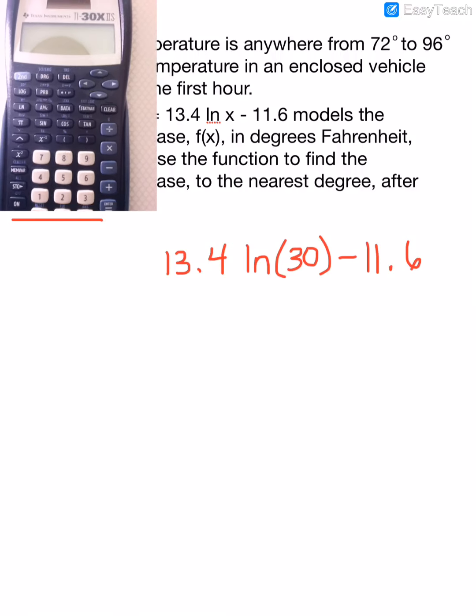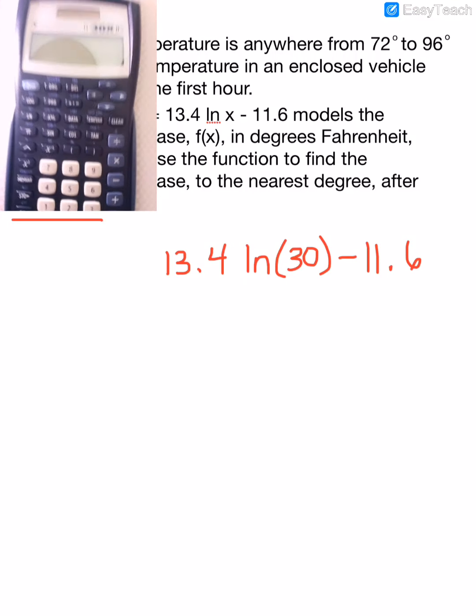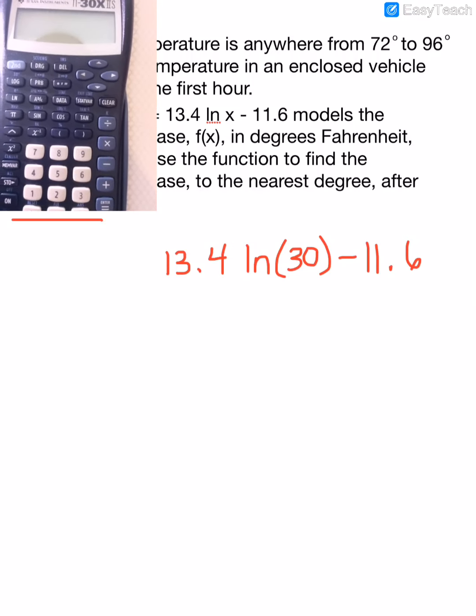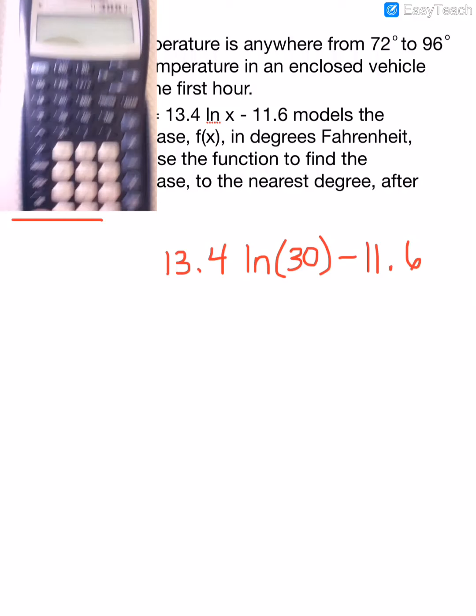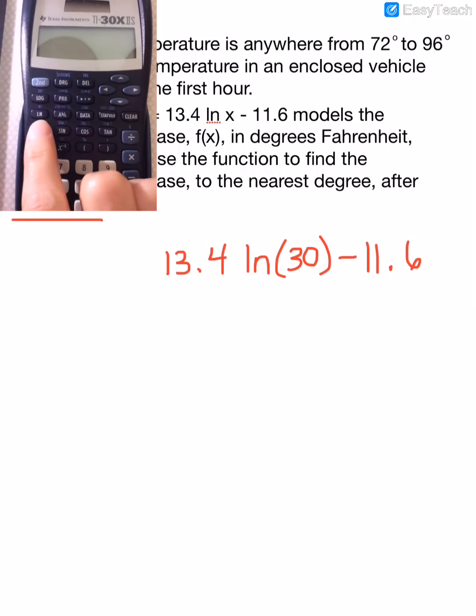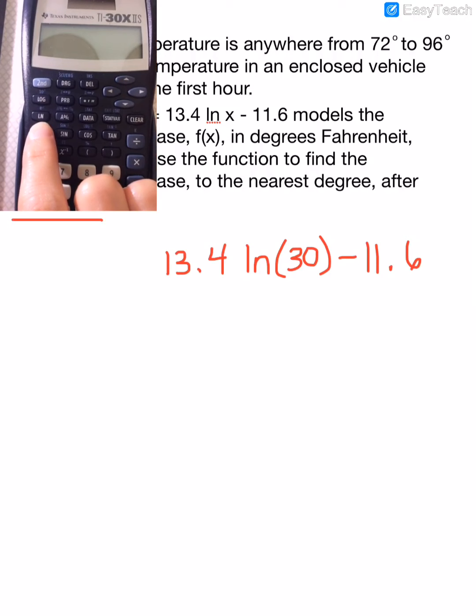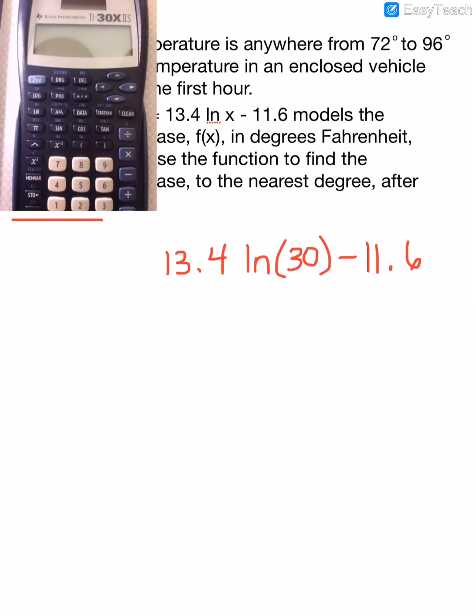Now we're going to plug that into the calculator. I'm not going to go through typing in the whole thing, but I just want to show you where the buttons are on the calculator. On the TI-30XIIS, you have a button that says LN. It's right underneath the log button, so that's the button you would use.